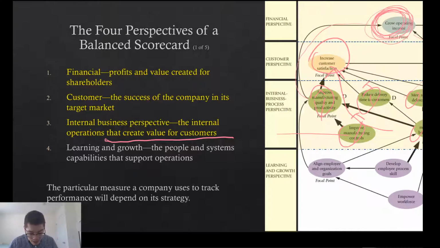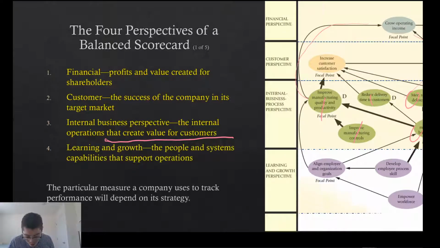And the last one is learning and growth: the people and systems capability that support operations. Learning and growth means internal training and the internal organization growing, how we can maintain high quality employees with a higher knowledge level and sophisticated knowledge in producing products or training employees.